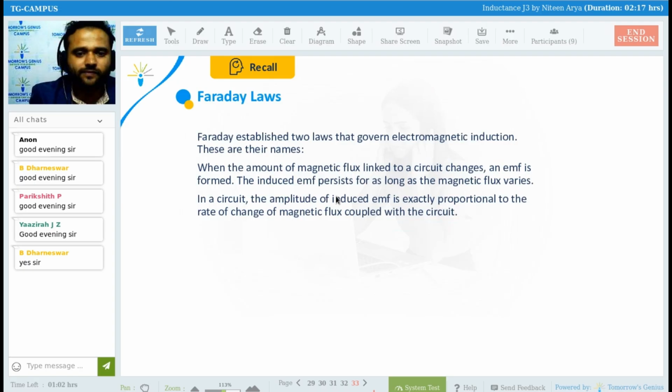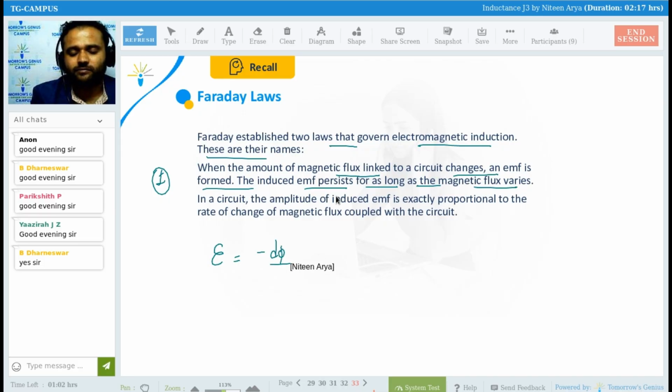So Faraday's law, everyone knows this. Faraday established two laws that govern electromagnetic induction. When the amount of magnetic flux linked with a circuit changes, an EMF is formed. The induced EMF persists as long as the magnetic flux varies. So this is your first law. The first law states that induced EMF is minus d phi by dt, or minus n d phi by dt if we have n number of turns in a coil.